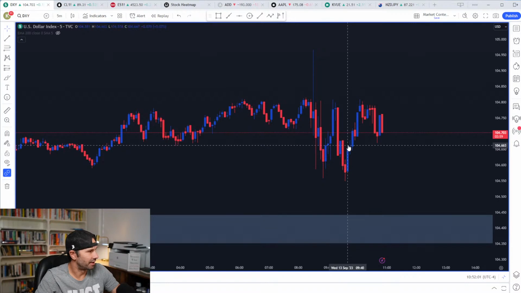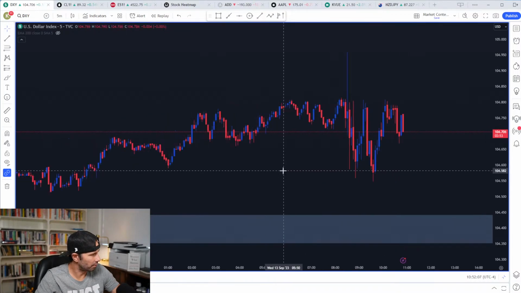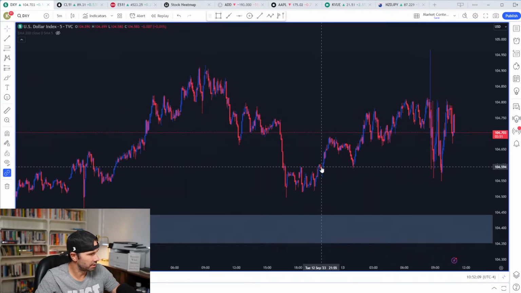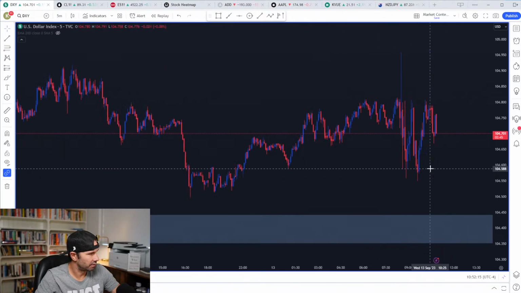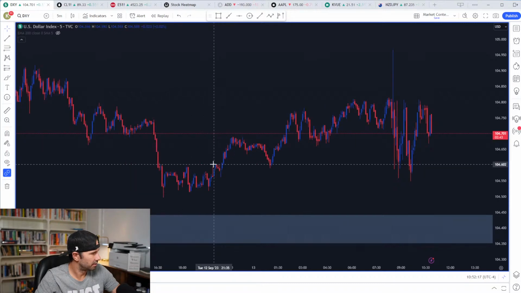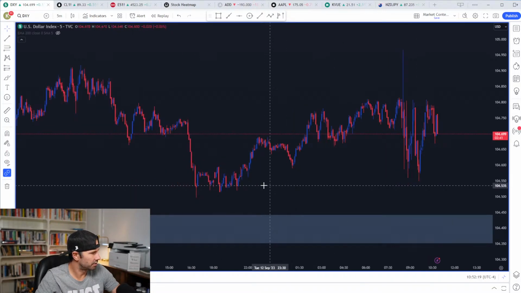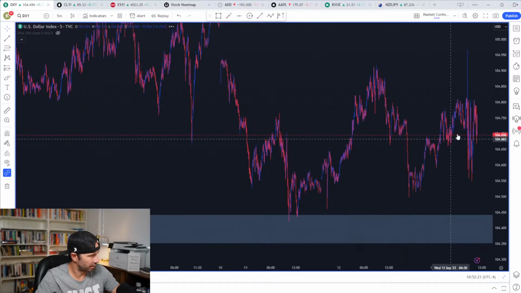I don't think this area will work actually after this test here. So probably the bottom of the range, from yesterday. This is the bottom of the balance area for the entire week.